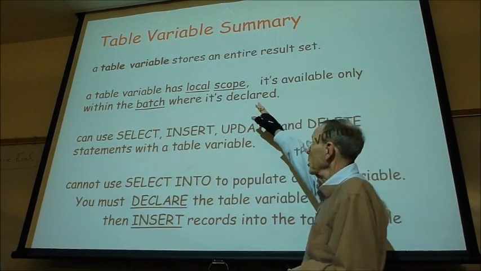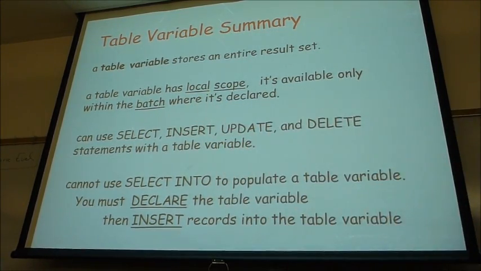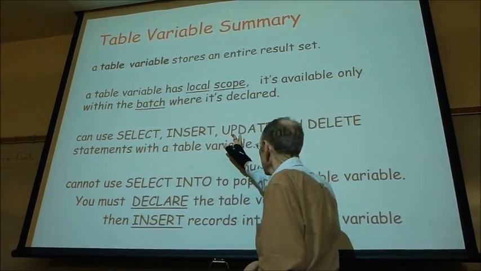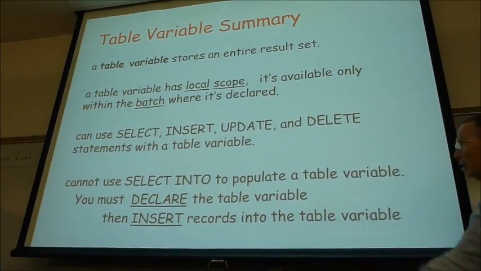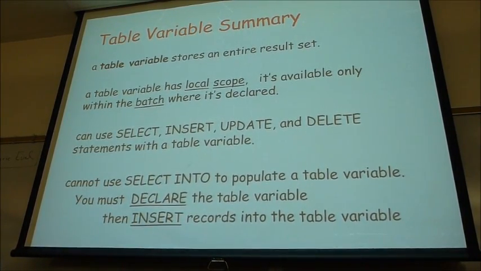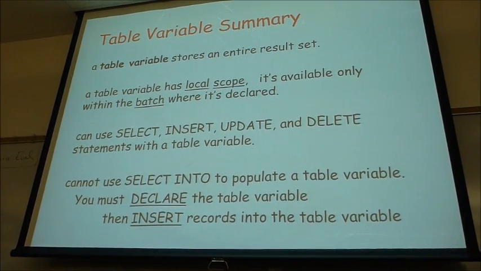It has local scope, and what that means is it's in the batch. It's not permanent, it's not persistent, it'll be in the batch. What can we use on it? We can select, we can do inserts, we can do updates, and we can even delete within the scope, before we terminate.